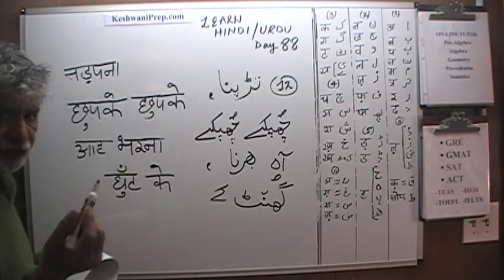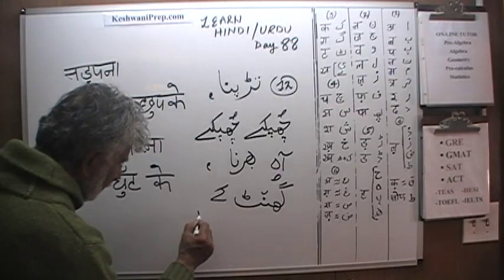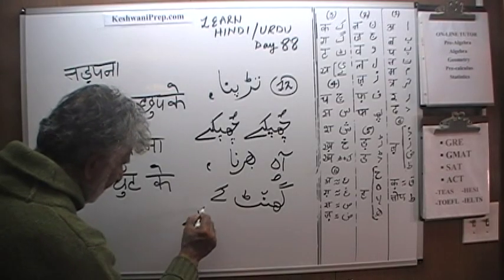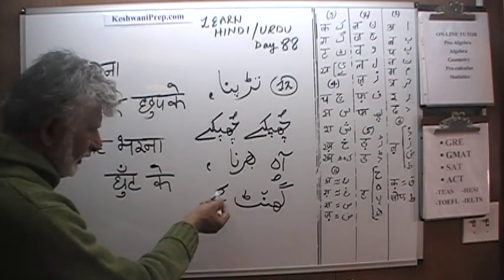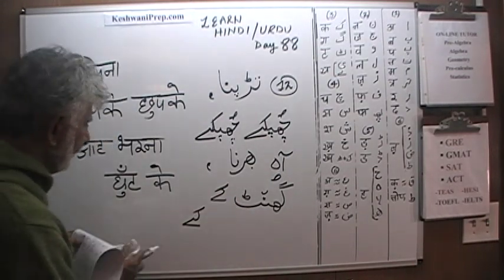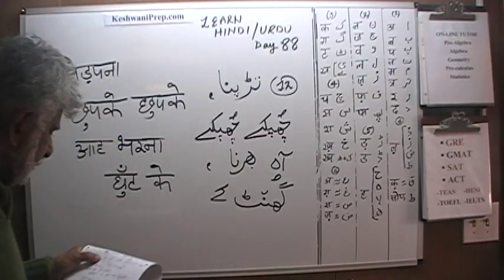Goot K. Again, strictly speaking, this K should look like this. There should be like this, like that. But what is there is fine. People will understand because I have this line. They will understand there is a K buried in there. Goot K.